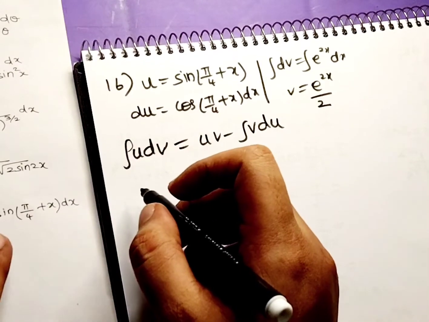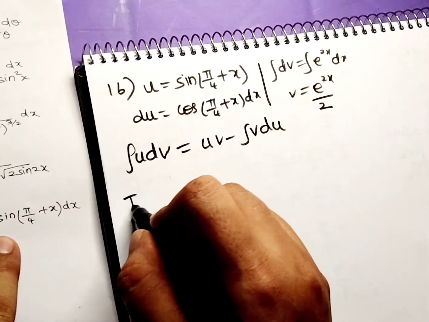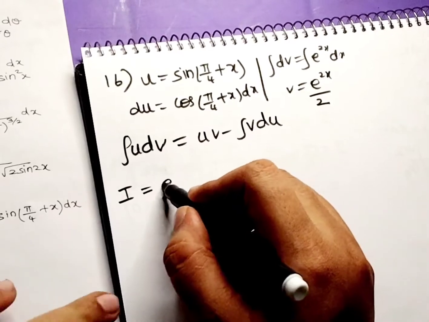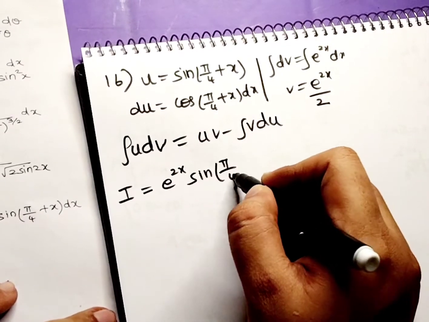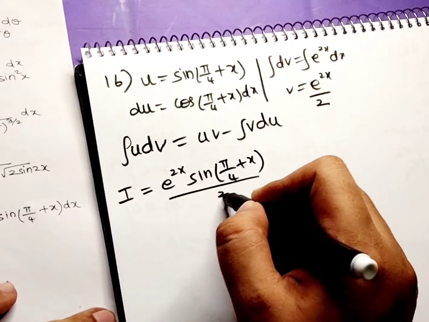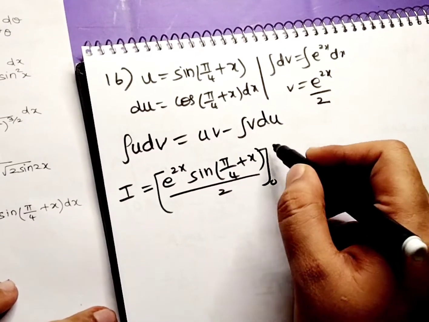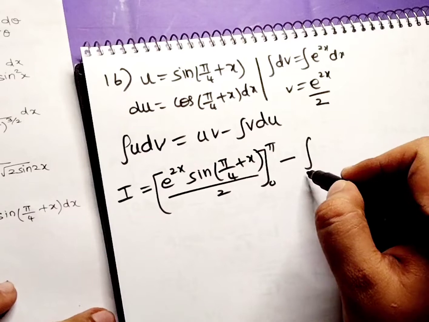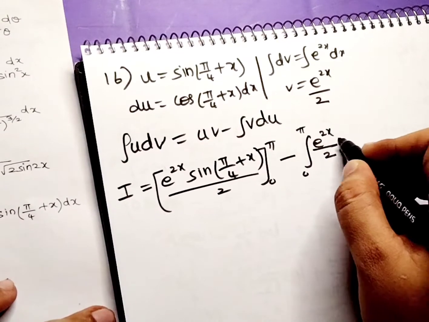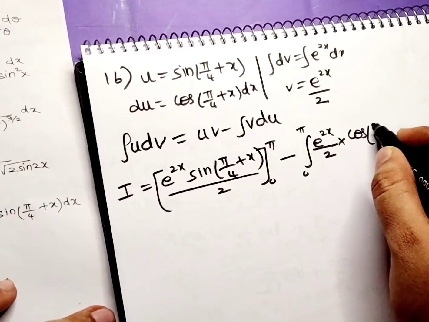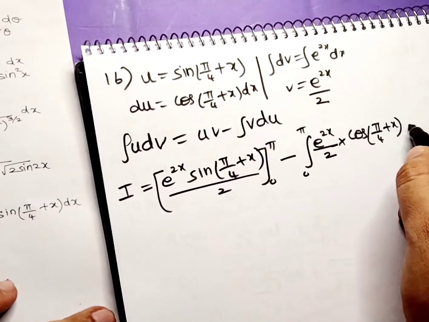So here, as we have taken question as I, so I is equal to uv, that is e power 2x into sine of pi by 4 plus x, the whole by 2. We have the limits 0 to pi minus integral 0 to pi. V is e power 2x by 2. Du is cos of pi by 4 plus x dx.